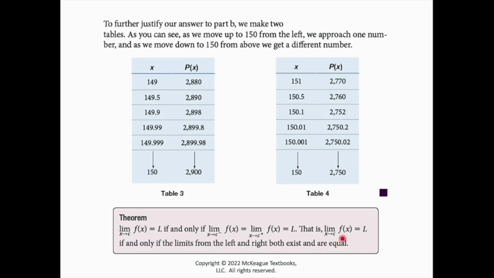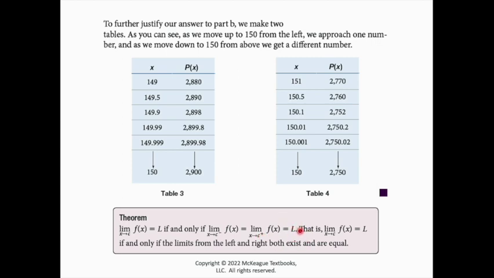So here's our theorem that talks about the difference between the one-sided limits and the two-sided limits. This theorem tells us that the two-sided limit will equal some value if and only if the left-sided limit and the right-sided limit are the same limit.